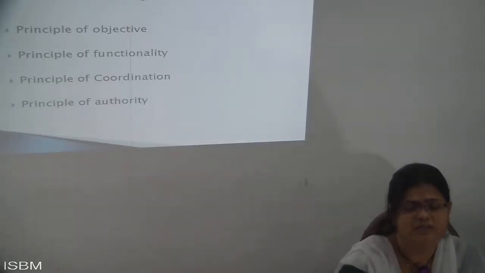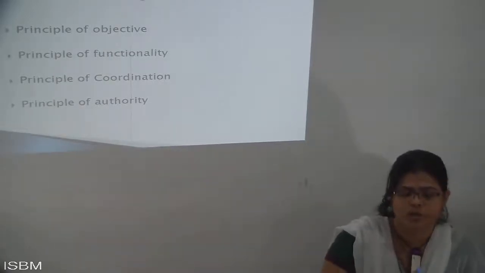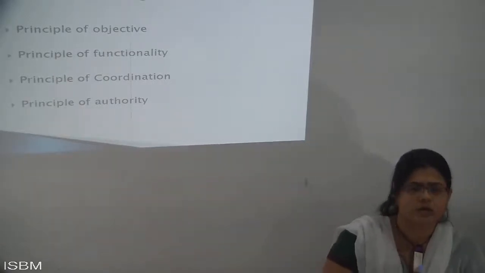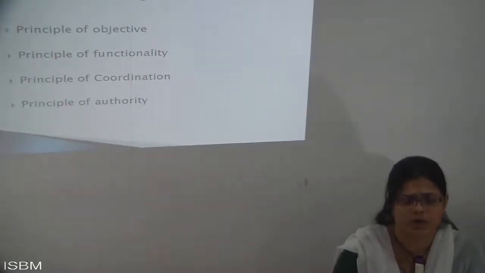Because if you are not developing any kind of rules, you cannot complete your objectives. As we learned with mission, vision and goal, without the mission, vision and goal you can't complete any target in the organization.